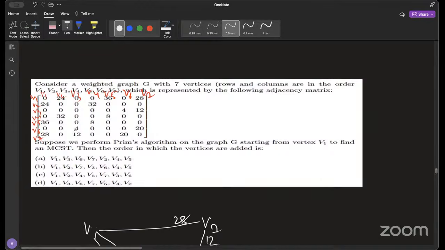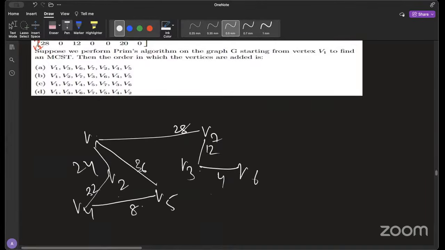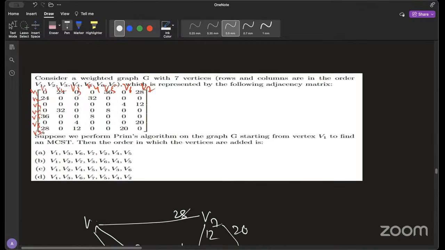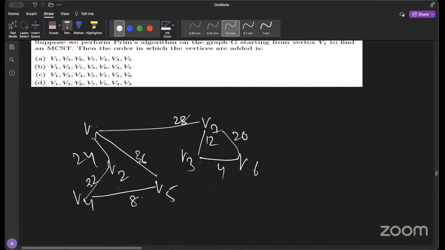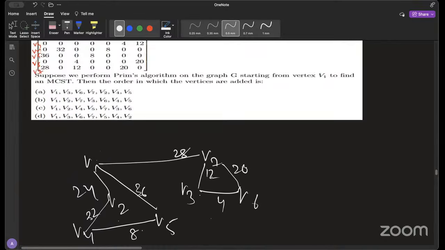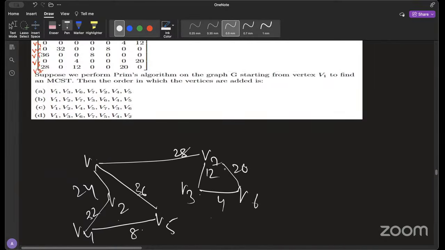For the 6th one, we have from V6 to V7, 20. Then from V7, that's it, right? So this is your graph. I hope we have not missed any weight.